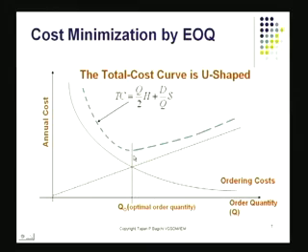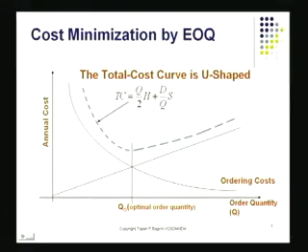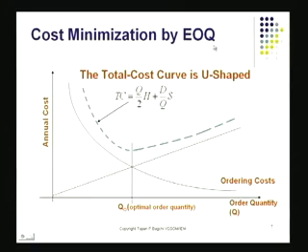If your order size is this, the total cost of operating the inventory again and again over a number of different cycles is going to be minimum. So this quantity Q is called the optimum order quantity or the economic order quantity. This is called EOQ.